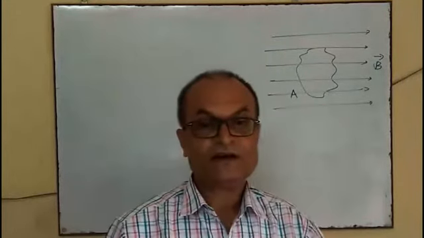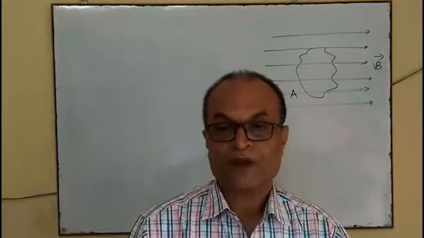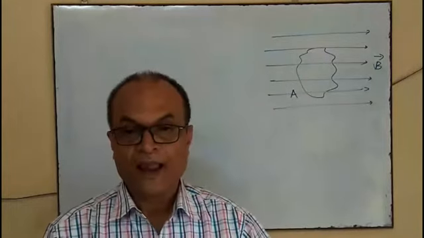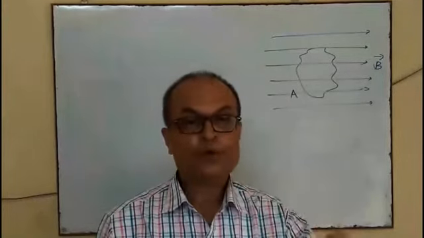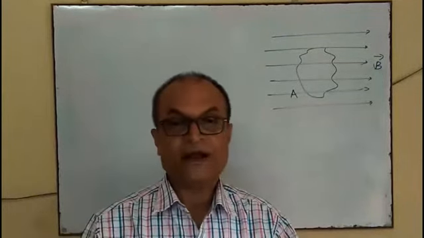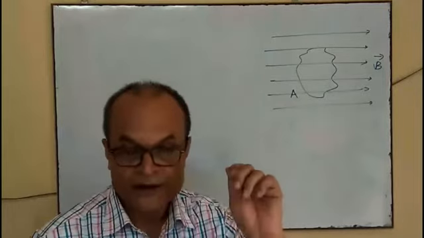First we consider a surface and magnetic field B, and we divide this whole area into a number of small area elements, each denoted by dA.